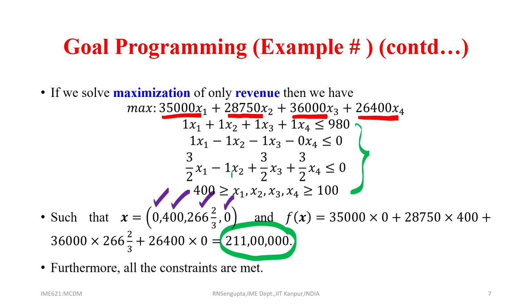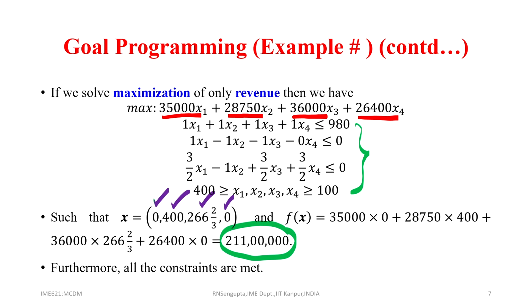Then similarly, for the third constraint, it is minus 400 plus a value which is less than 400. So, minus 400 plus a value less than 400 is less than or equal to 0, and all of x1, x2, x3, x4 are within the bounds.